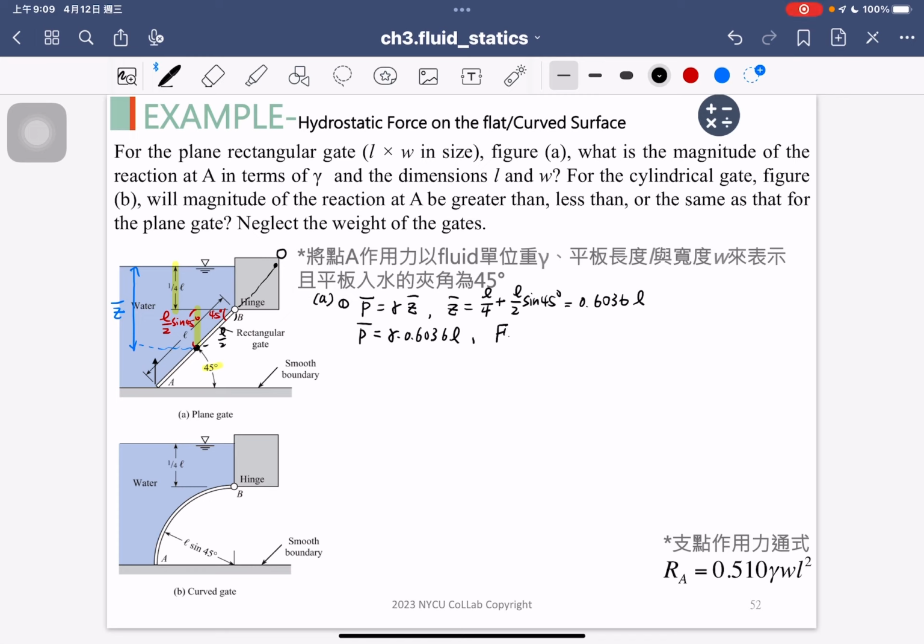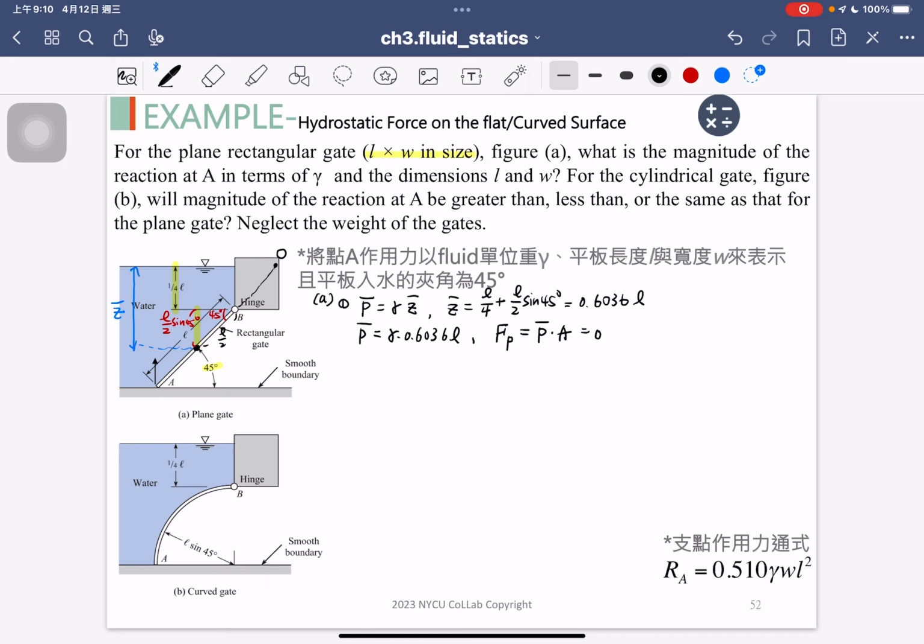Okay, and second, we would like to compute the hydrostatic pressure force. And we know that the hydrostatic pressure force is equal to the pressure multiplied by the panel area. We know that the panel area already shown here is L multiplied by the width W. So here you just keep the gamma.